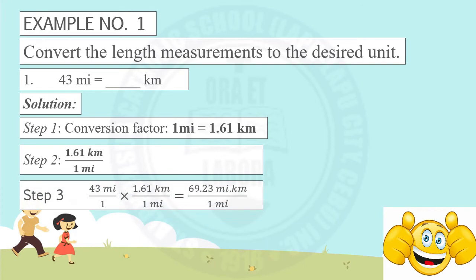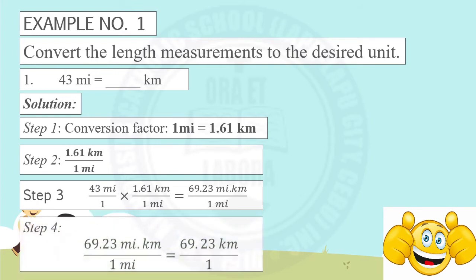Step 3. 43 miles over 1 times 1.61 kilometers over 1 mile is equal to 43 times 1.61 kilometers, which is 69.23 mile kilometer. 1 times 1 mile is equal to 1 mile.